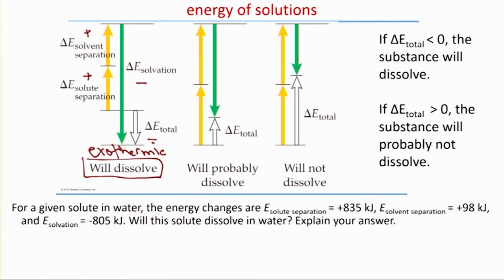In the previous chapter, I think this was chapter 9, if I remember correctly, we were talking about solubility rules. We looked at putting salts into solution and whether they were soluble or not, or mixing different solutions and seeing if a precipitate formed. Did you ever wonder why some salts went into solution and were soluble and some were not? It has to do with this change in energy.